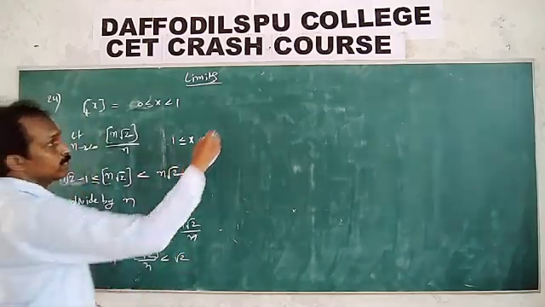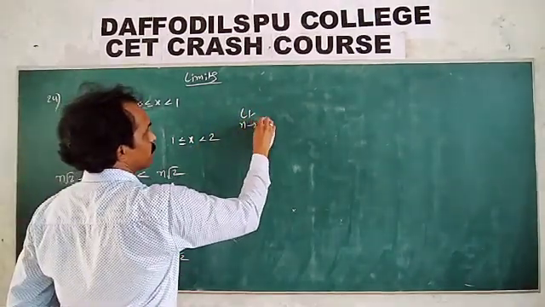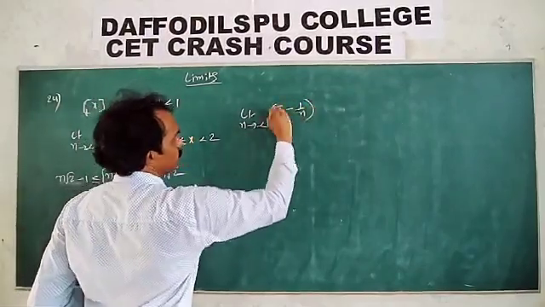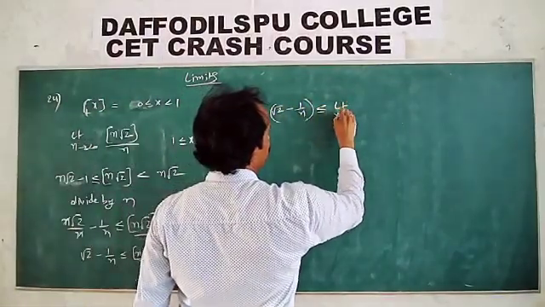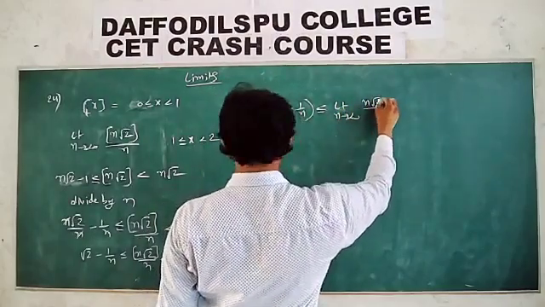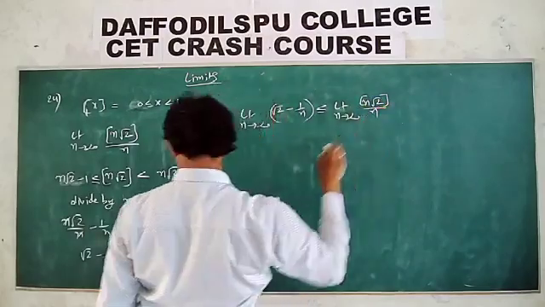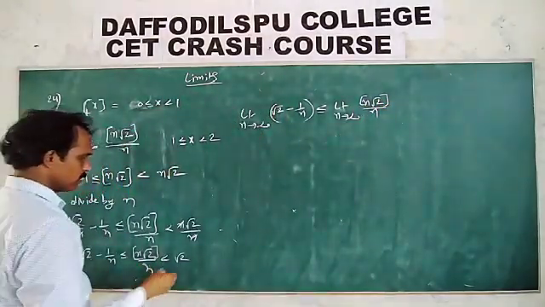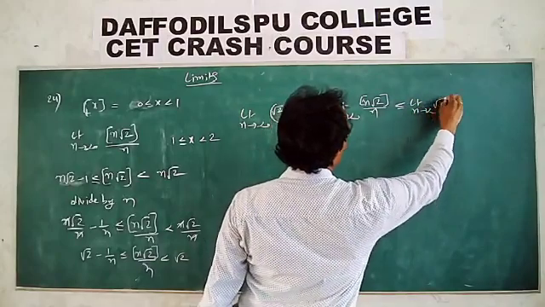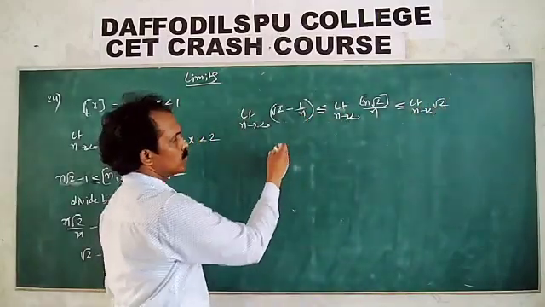Now take limit n tends to infinity. Root 2 minus 1 by n, less than or equal to limit n tends to infinity of the greatest integer of n root 2 by n. Limit n tends to infinity of root 2 minus 1 by n, this value is 0, so root 2.